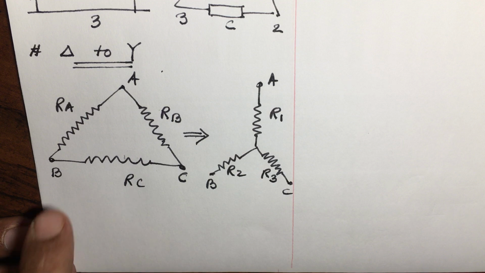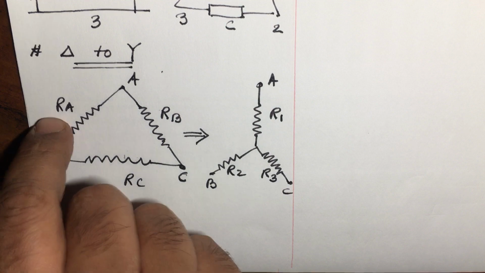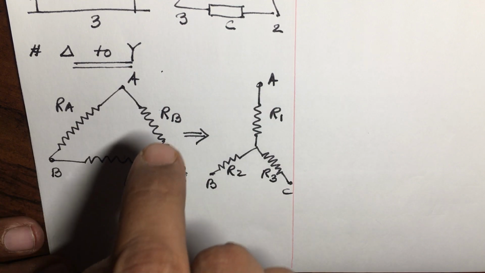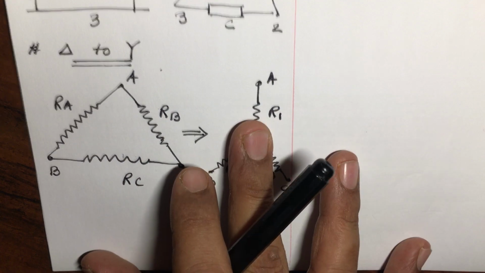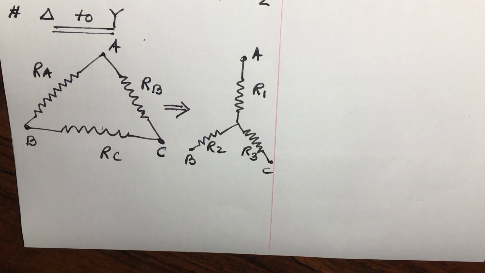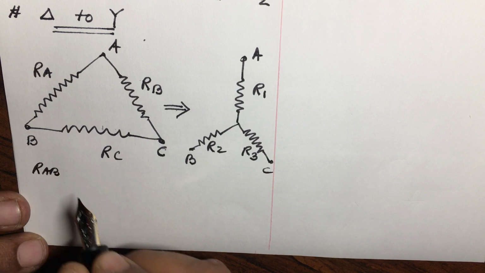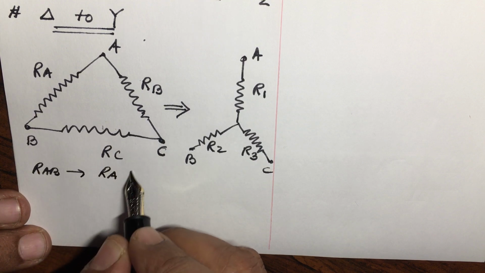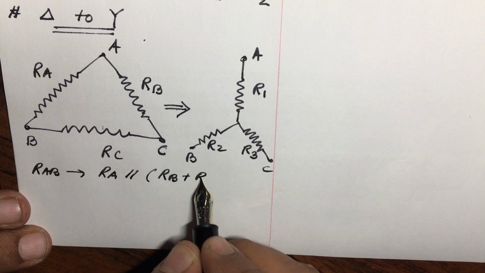Similarly, you want to find the resistance between B and C. So in RBC, RC would be parallel to RA and RB. Similarly, in RAC, RB would be parallel to RA and RC. So keeping that in mind, I will just write one term, and the remaining two terms will follow. So we will simply write now over here that for RAB, we have RA parallel to RB plus RC.